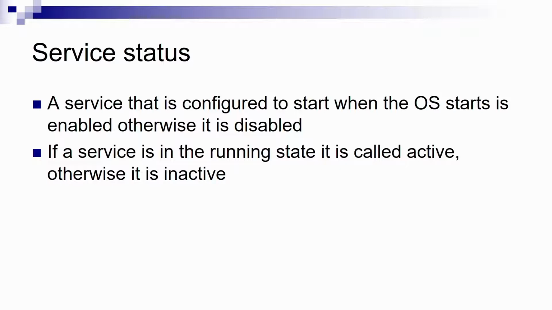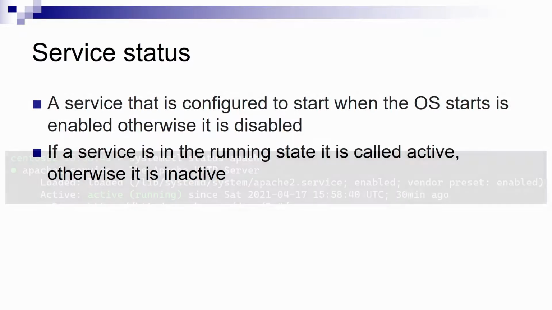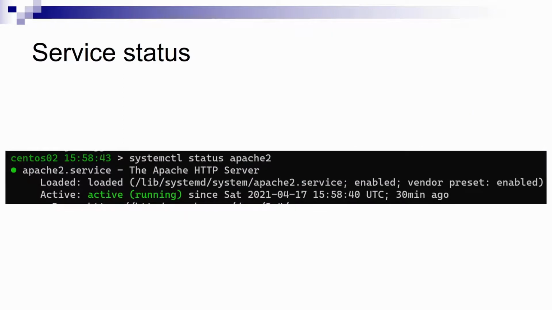If a service is stopped, then it is inactive. And here is a screenshot of how the status of a service looks. You see in green that the service is running or is active, and we can see right here that this service is enabled, so it will start when the OS starts up.